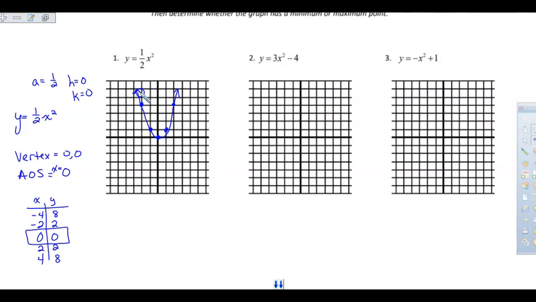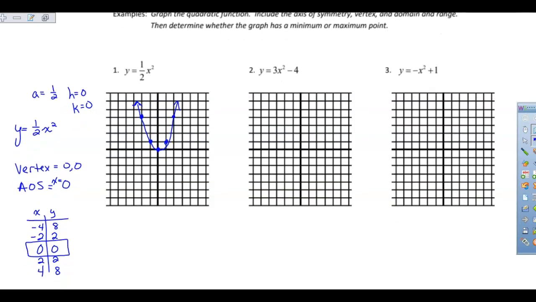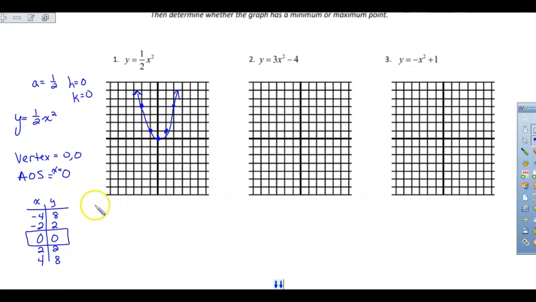Okay. Don't forget your arrows on your parabola. What was the other thing it wanted to know? What the minimum point is. The minimum point is at 0. So it has a minimum, the domain is infinite, all real numbers, and the range is y is greater than or equal to 0.